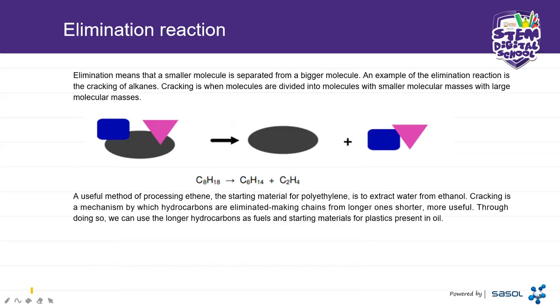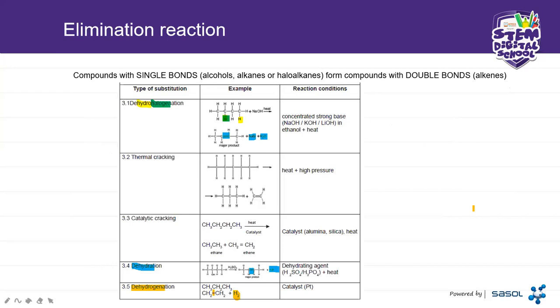We said cracking is a mechanism by which hydrocarbons are broken down, making chains from longer ones shorter and more useful. Remember this part. Now we go back and check how we perform thermal cracking.